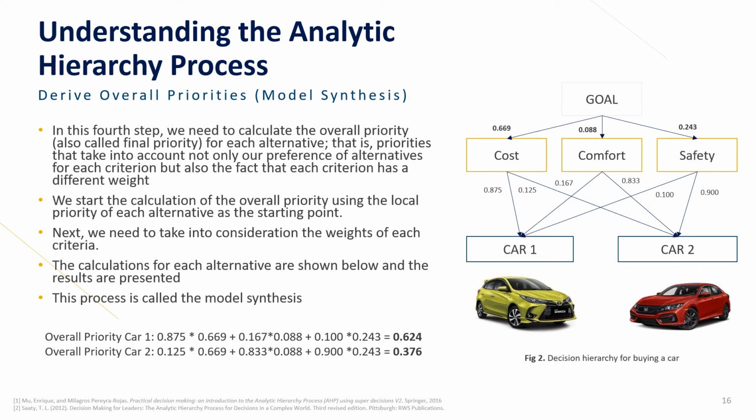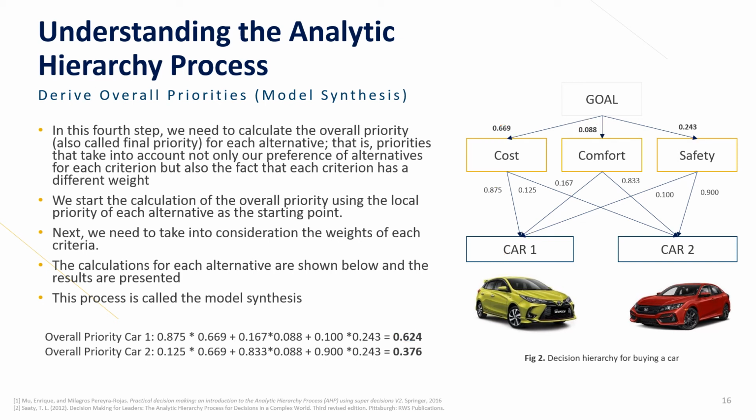Car 1, the overall priority will be 0.875, because this one goes here, multiplied by the weight of the cost, 0.669, and then plus this one, 0.167 multiplied by 0.0x, plus the last one, 0.1 multiplied by 0.24. This is the overall priority of car 1, and you get this value.